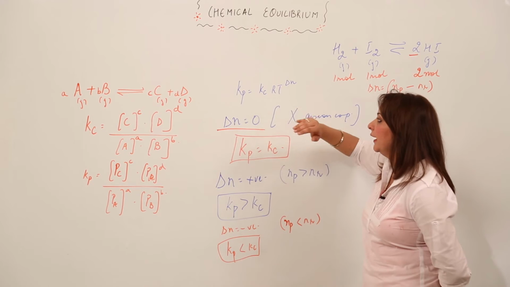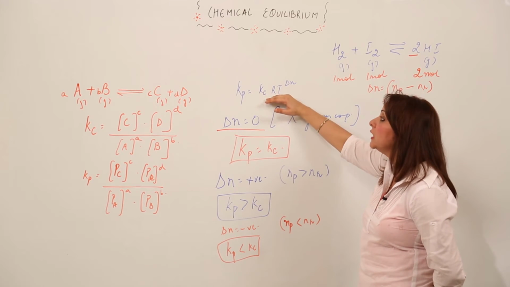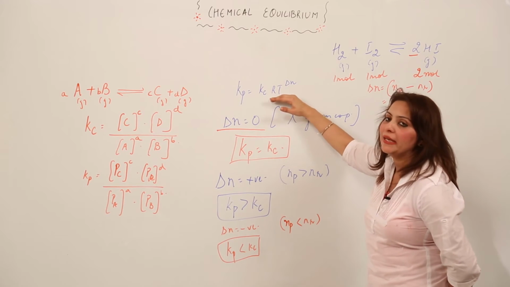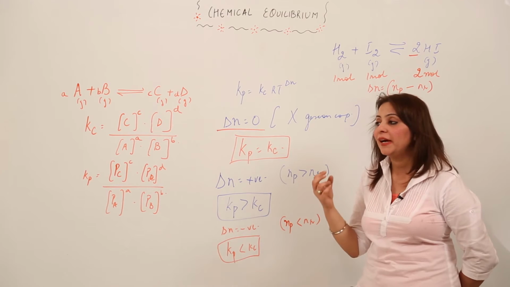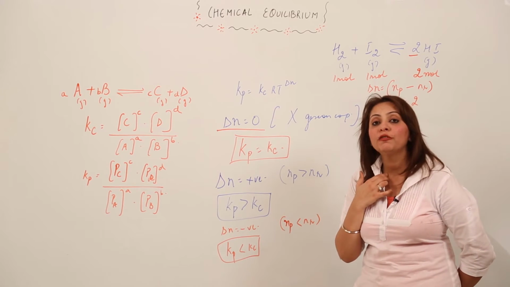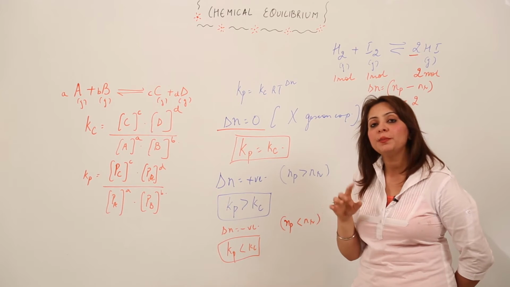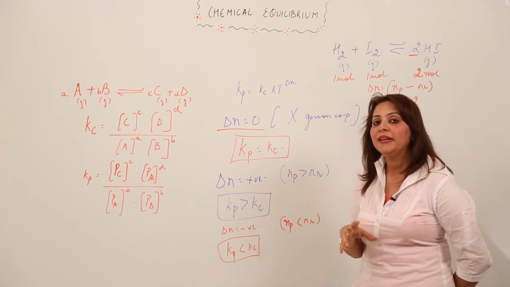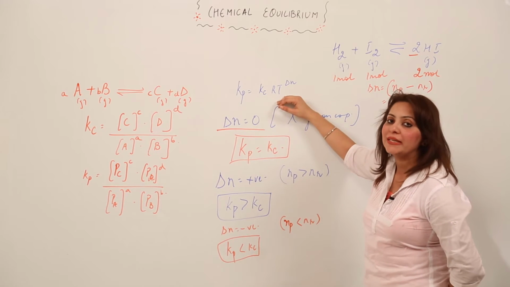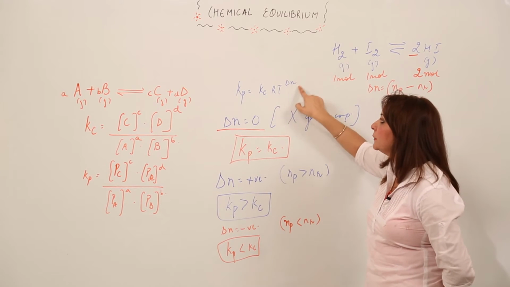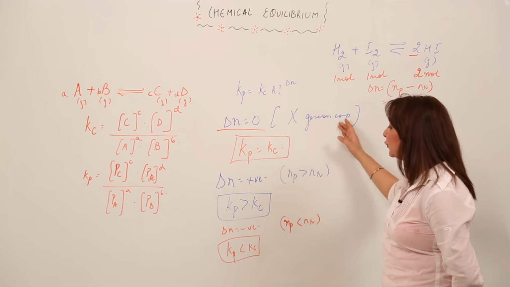And we derived the relation between Kp and Kc, which comes out to be Kp is equal to Kc (RT) to the power delta N. As we did in a previous lecture, by putting P equal to CRT from the ideal gas equation PV equals nRT. So you know how I derived this relation, where delta N specifies the change in number of gaseous moles, right?